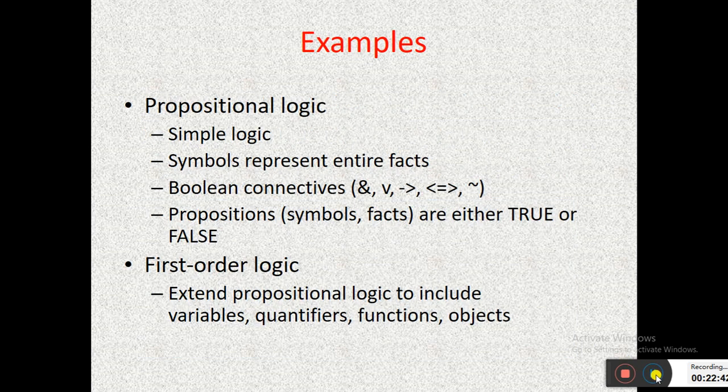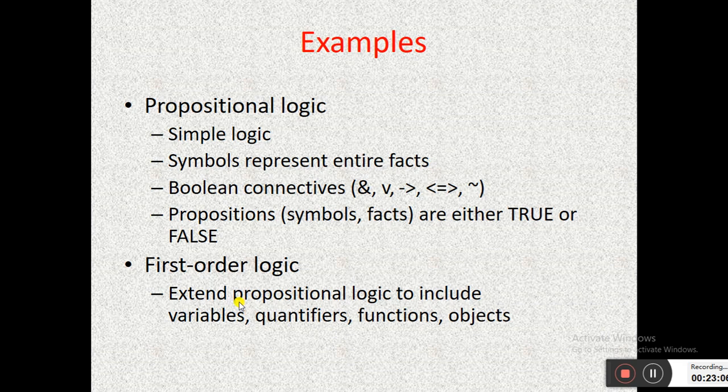So what is propositional logic? Simple logic, where symbols represent entire facts, with Boolean connectives and propositions like true, false. What is first order logic? It extends propositional logic to include variables, quantifiers, functions, and objects.